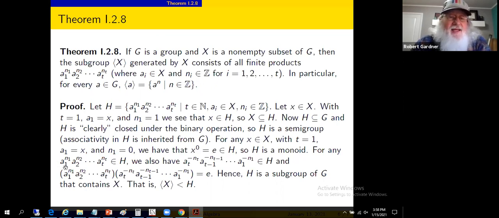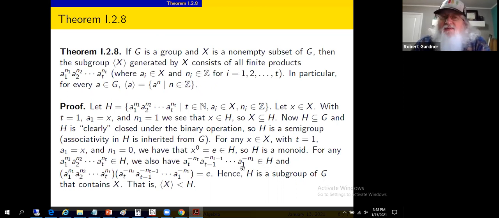And if we take any element of H, something of this form, then consider a sub t to the negative n sub t, a sub t minus 1 to the negative n sub t minus 1, up through a sub 1 to the negative n sub 1. So we've taken these elements, written them down in the opposite order, and inserted a negative sign on the exponent, if you will.